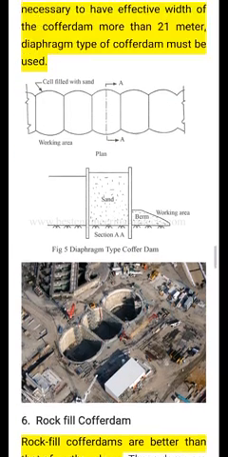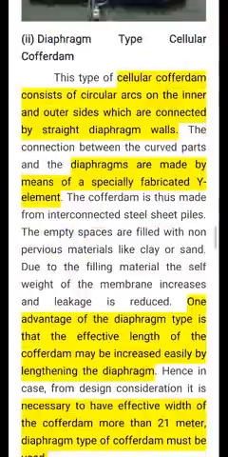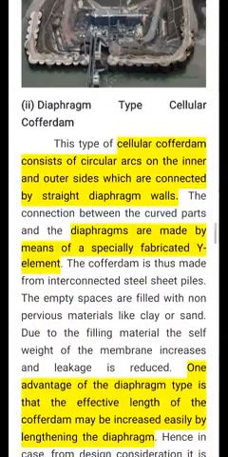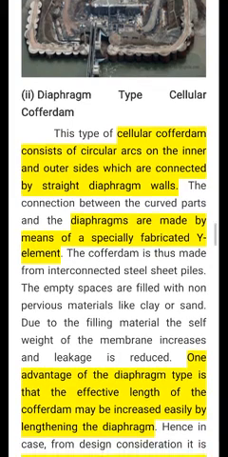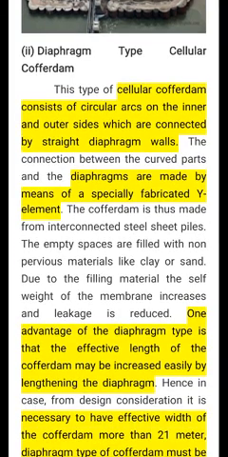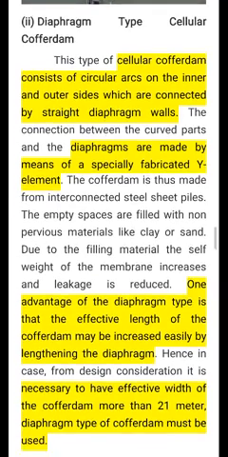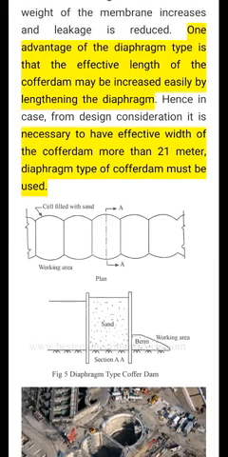The circular cofferdam consists of circular arcs on the inner and outer side which are connected by straight diaphragm walls. A diaphragm wall is nothing but a concrete wall or similar, but this is straight in shape. Diaphragms are made by means of a specially fabricated Y element because the connection is a Y. You can see the Y.